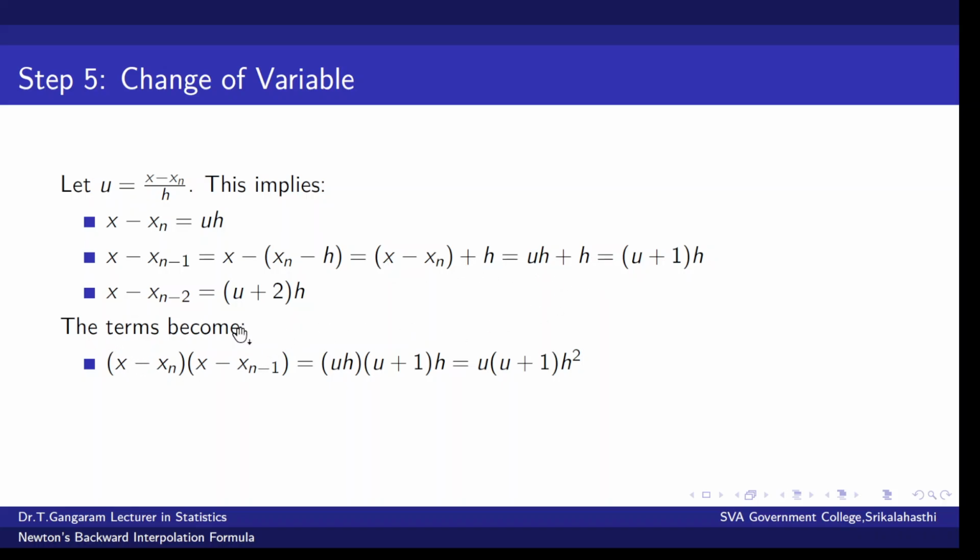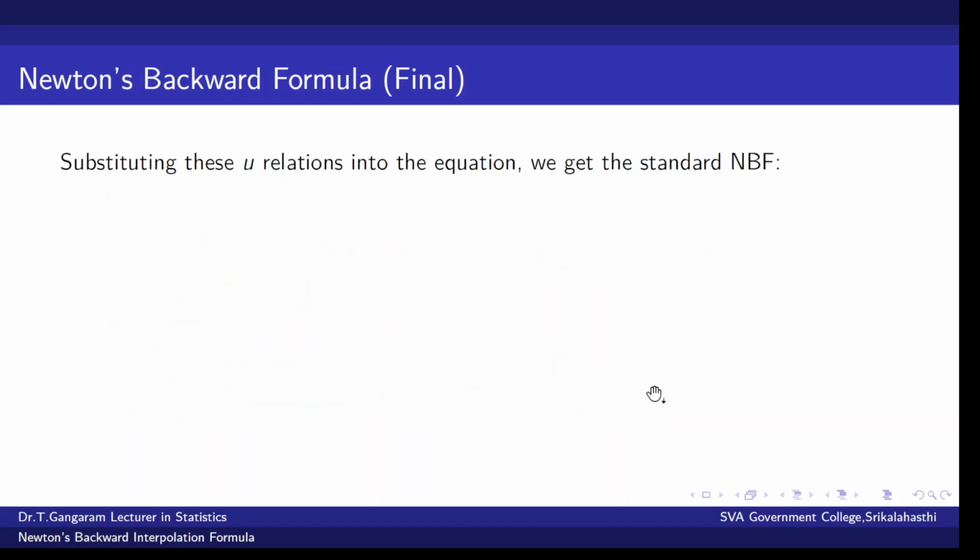So multiplying these two terms, x minus xn into x minus xn minus 1 is equal to uh into u plus 1 into h, so this is u into u plus 1 h square. Similarly, x minus xn up to x minus xn minus k minus 1 is u into u plus 1, and so on, up to u plus k minus 1 into h power k.